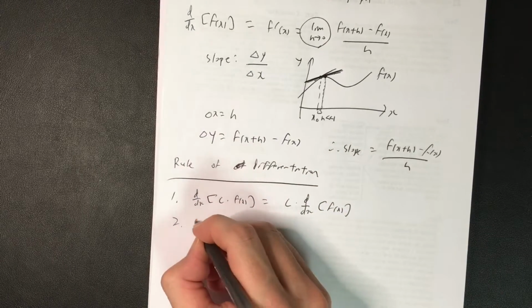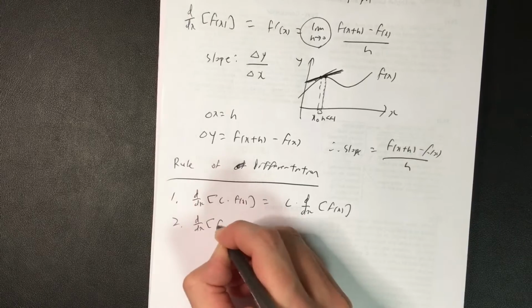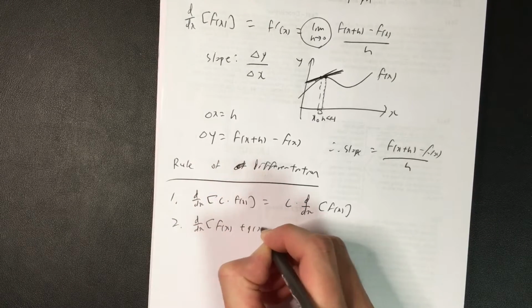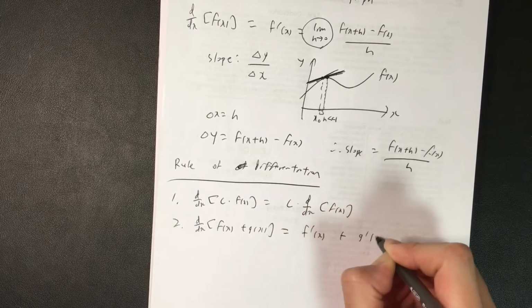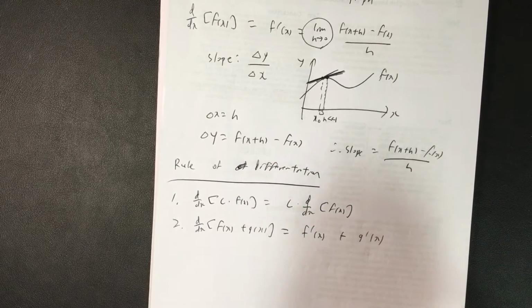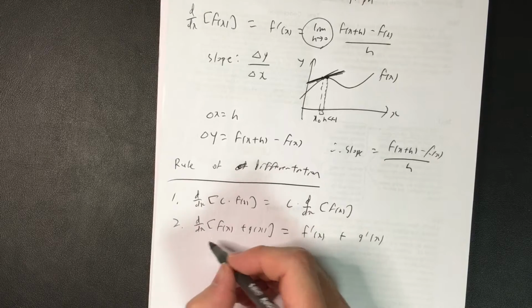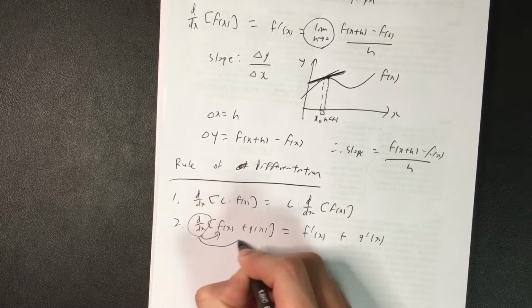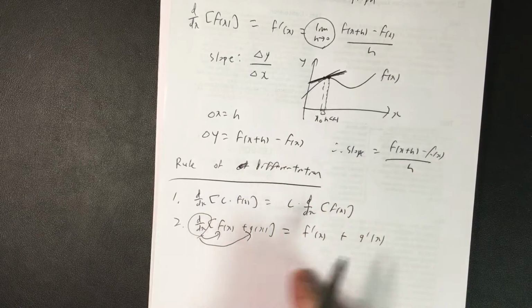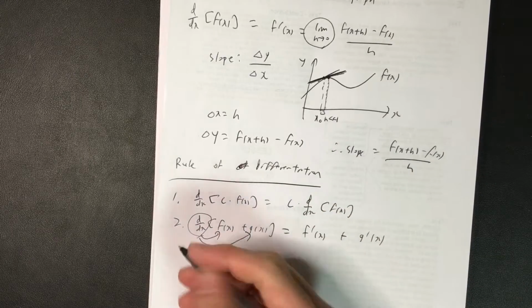And the second one is, if I take a derivative of a sum of two functions, then this is the derivative of each of those two functions. You can think of this as a distributive property of the derivative operator. It's distributed on f of x and g of x respectively to result in f prime plus g prime.